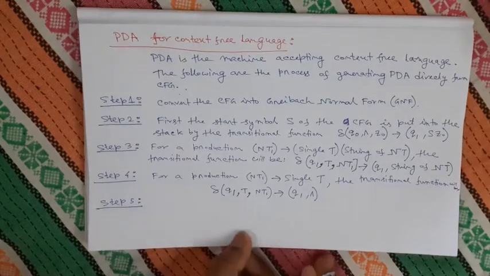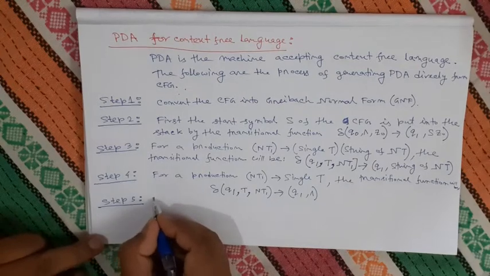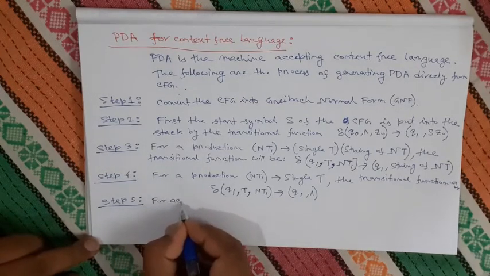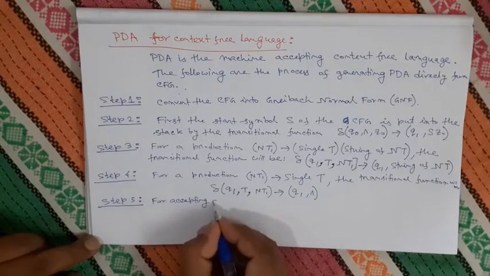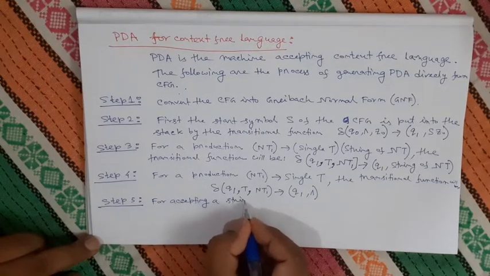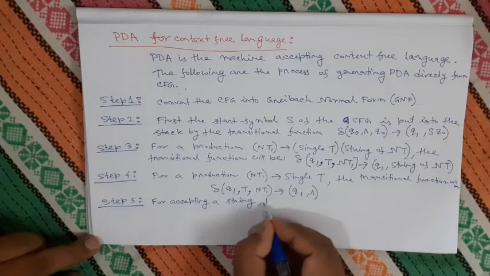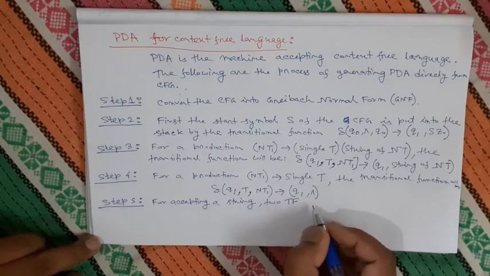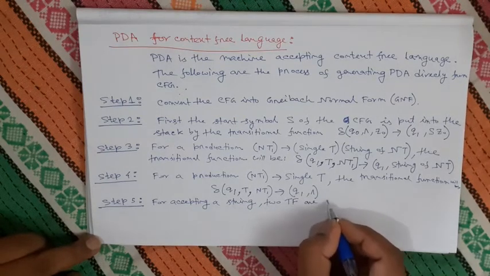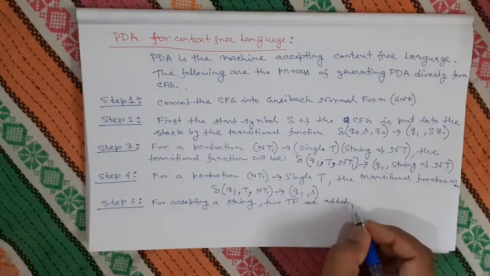And step 5. What do we have to do in step 5? For accepting a string, transition functions are to be added.